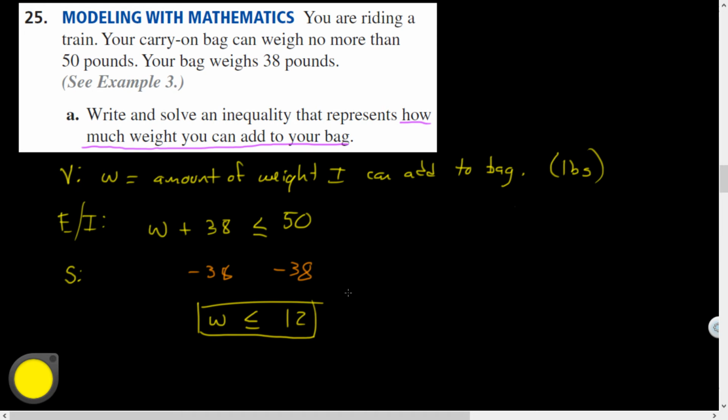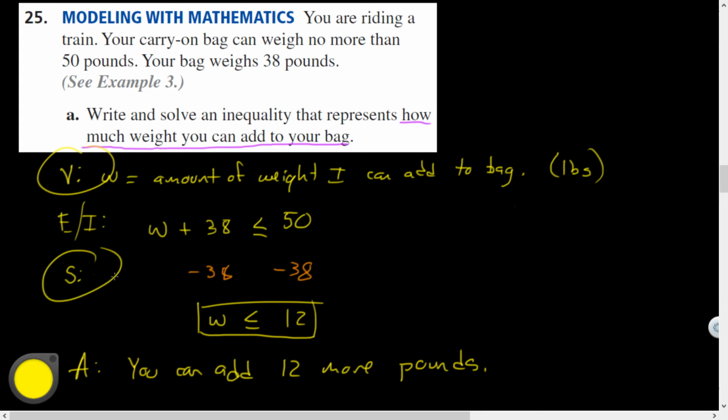All right. Now let me see what their next question is. I'll answer this first. You can add 12 more pounds. And when you write the answer to a word problem, all you're doing is combining the variable and the solution.